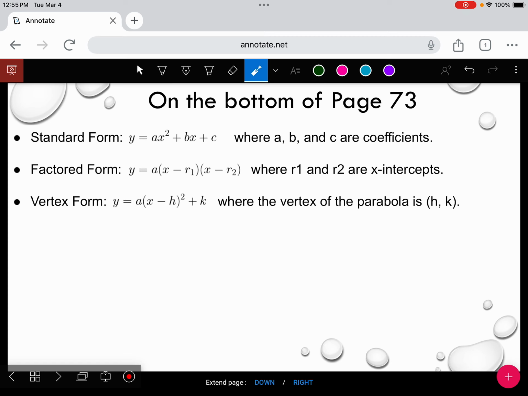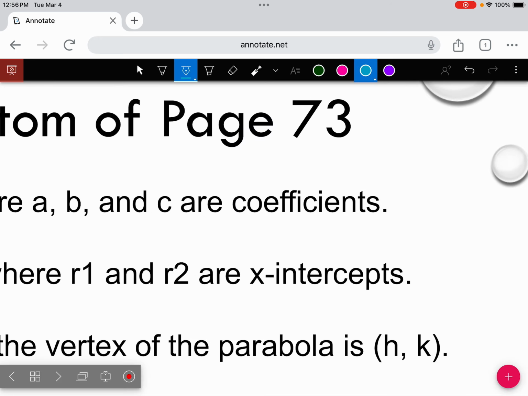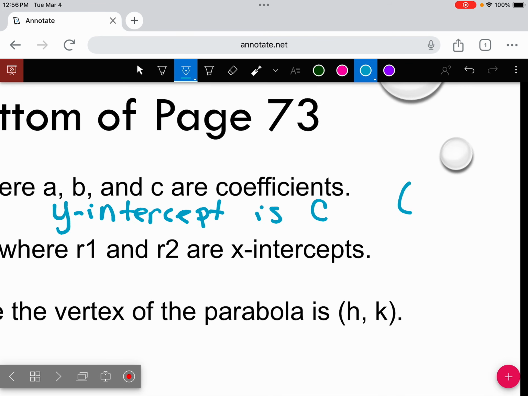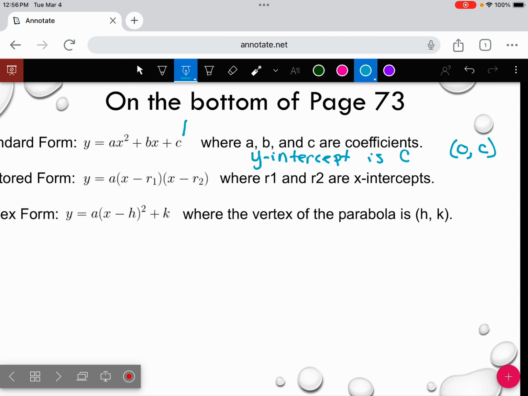And the important piece on our standard form that we can find with no math needed is our y-intercept. It is C. So we can write it as an ordered pair, 0, comma, C for our y-intercept.